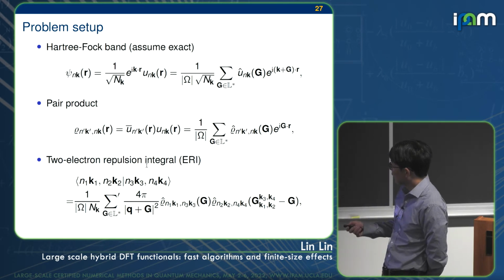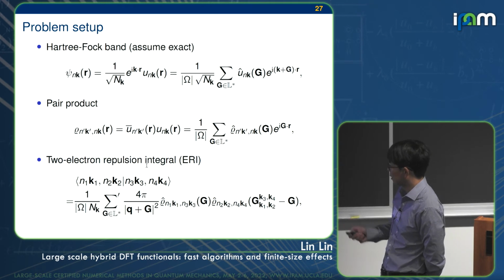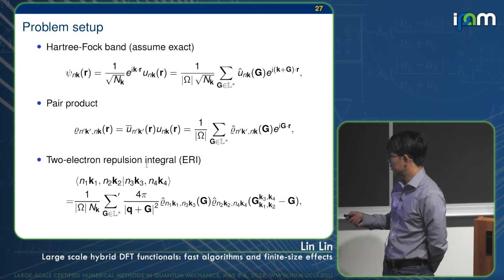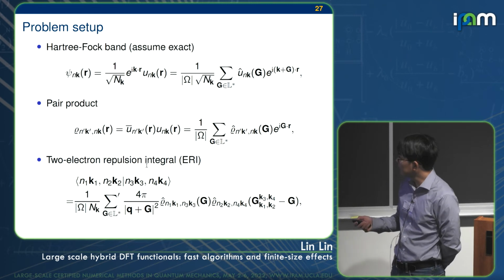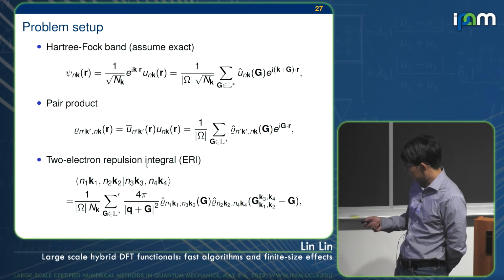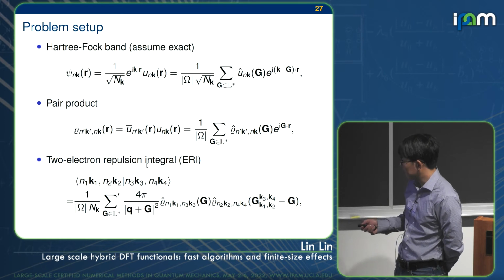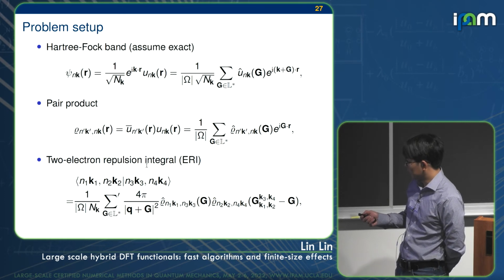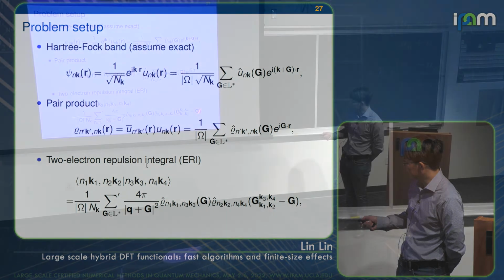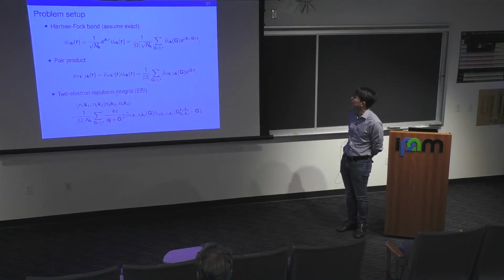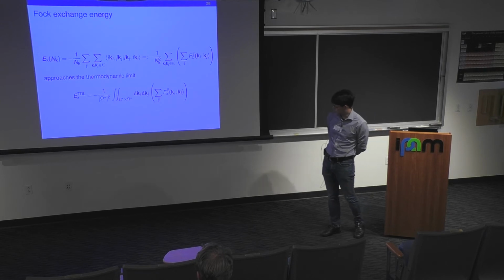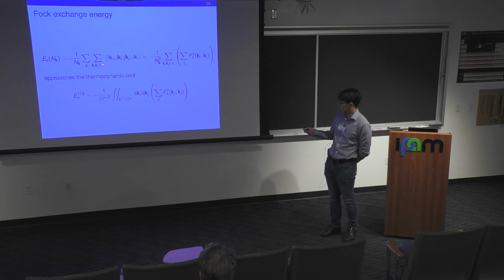So you define a so-called pair product, which is a real space Hadamard product, as you have seen earlier in Charles' talk. And then you can define the two electron repulsion integral, called ERI, using these Fourier coefficients, and it takes this form. And this one is due to the crystal momentum conservation. Then the Fock exchange energy can be written simply using the ERI tensor as the following.